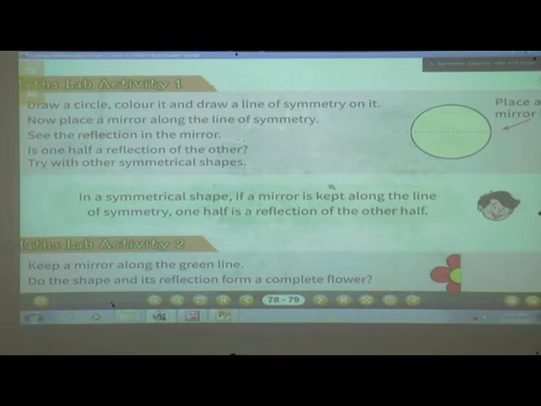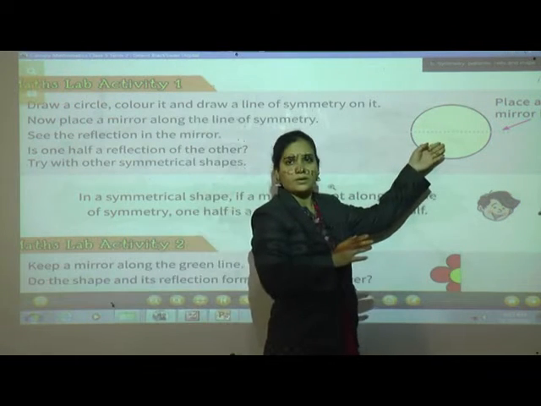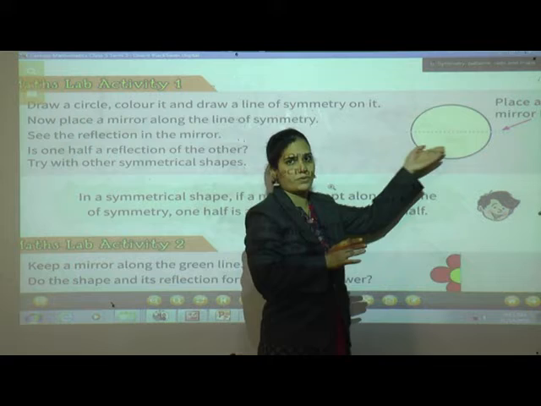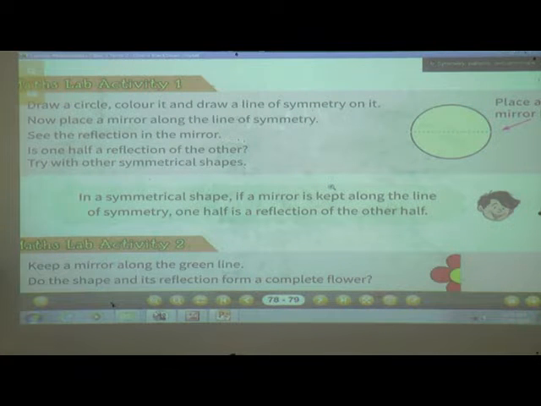Now place a mirror along the line of symmetry and see the reflection in the mirror. Is one half a reflection of the other? Yes, but the color will change.